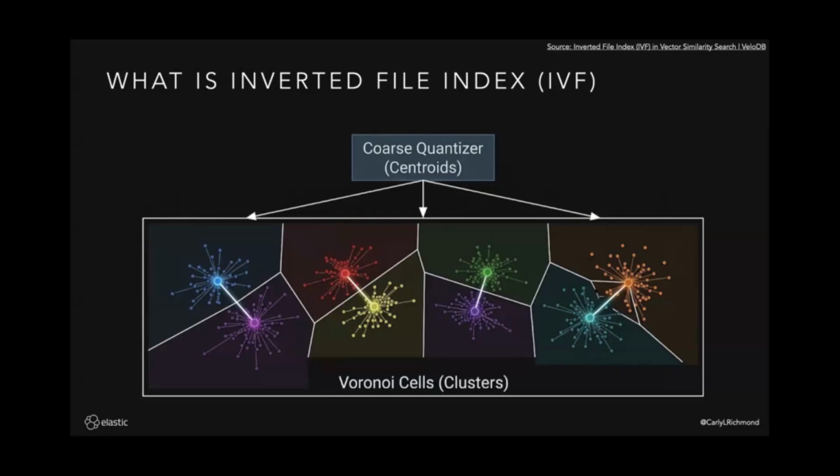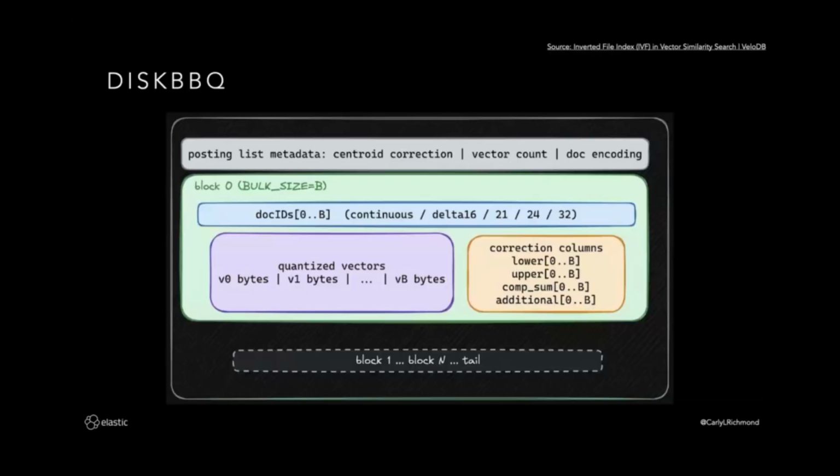You can see from the diagram that we've effectively split up our vector space into these particular centroid zones, okay? So the way that this BBQ works is it's storing the quantized vectors, the corrections and the centroids, but it's persisting them to disk. It's not holding everything within memory, which is one of the key differences that we see.